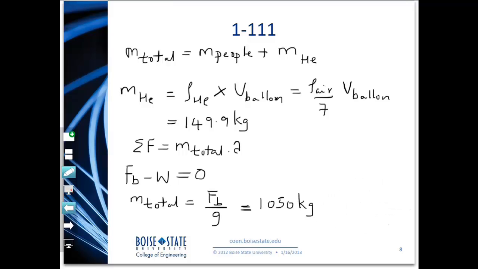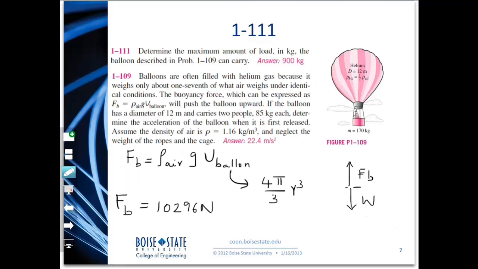Okay, so that's what you're asked to solve in this problem. So all you have to remember, which is where a lot of you would falter if you're not being careful, is to consider the weight of the helium as well when you compute the total weight. Okay.